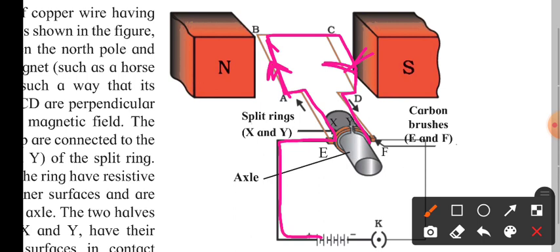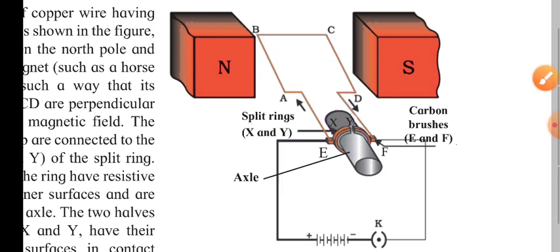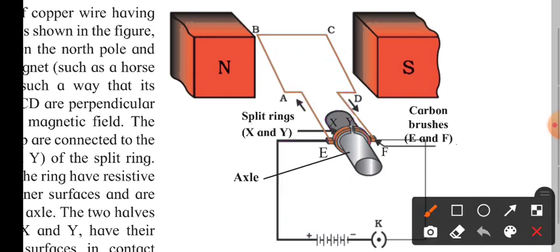Due to the magnetic field produced in the coil and the magnetic field of the strong magnets, they start to repel each other, and this goes upward and this goes downward. This produces a torque on the coil's arms, arm AB and arm CD. When this goes up and this goes down, the coil starts to rotate.